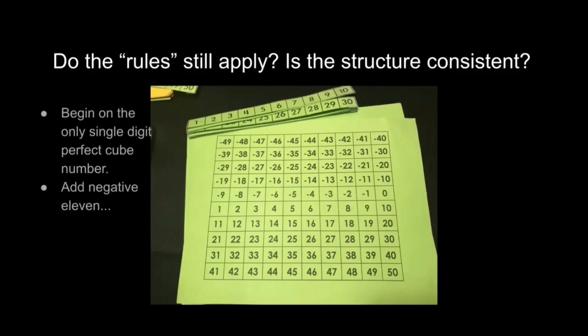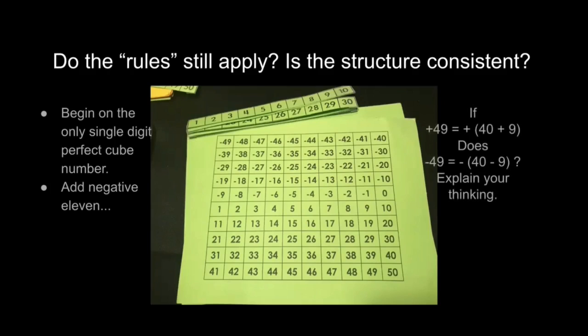Begin on the only single digit perfect cube number. Add a -11. Whew. Right? Subtract +3. We can make it grade level appropriate and still be building that understanding. Okay? And we can ask questions about the consistency of the structure. If +49 equals the positive quantity of 40 plus 9, does -49 equal the negative quantity 40 minus 9? Ponder it and then explain your thinking.